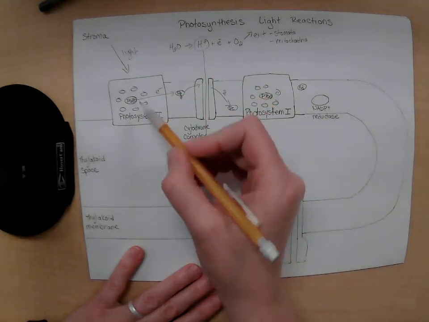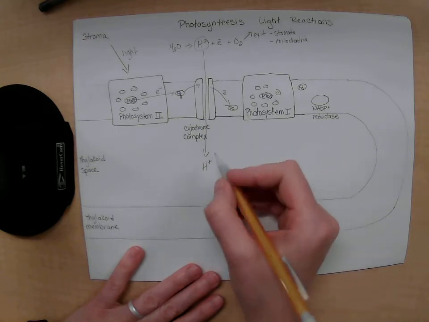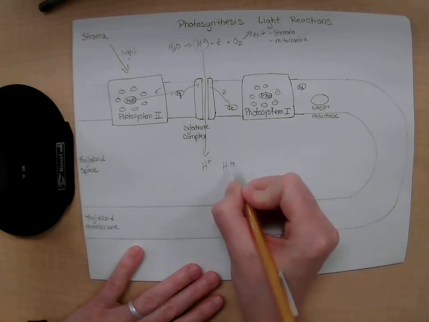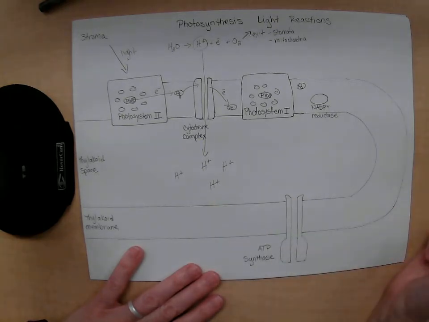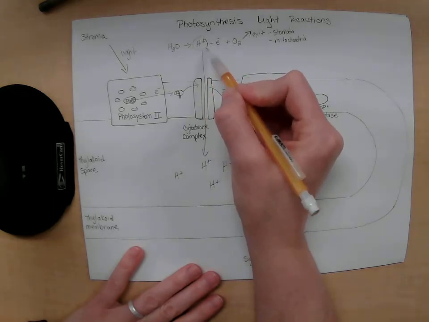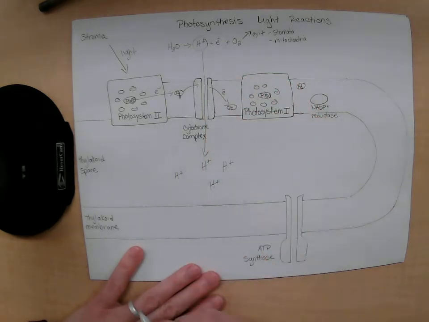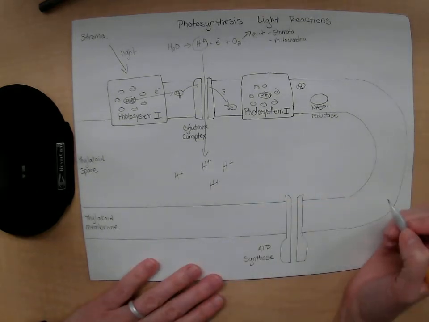So every single time these electrons jump through the cytochrome complex, more hydrogen ions are going to fill in the space here inside the thylakoid. Okay, so the purpose of the water, one part of it, is to provide hydrogen ions because we're going to build a concentration gradient inside here.